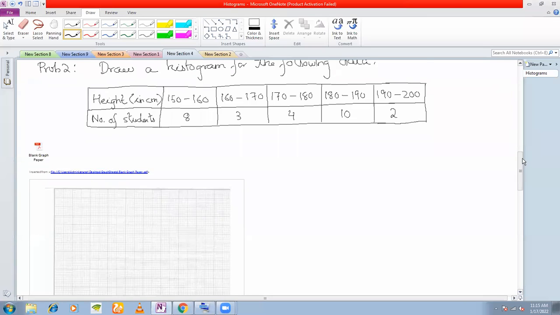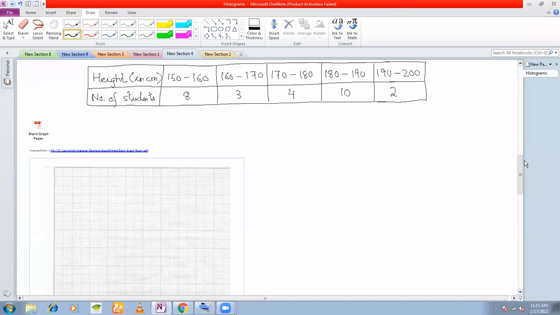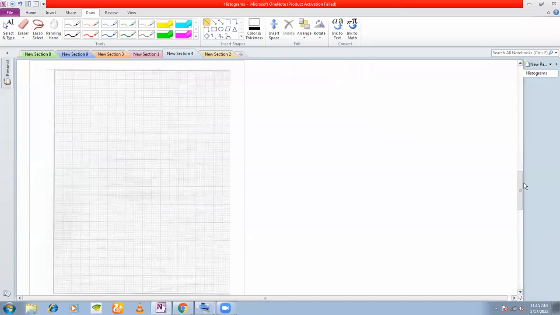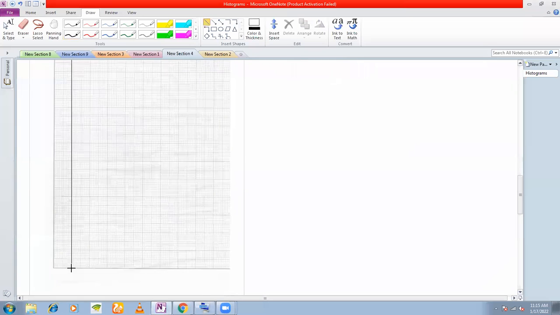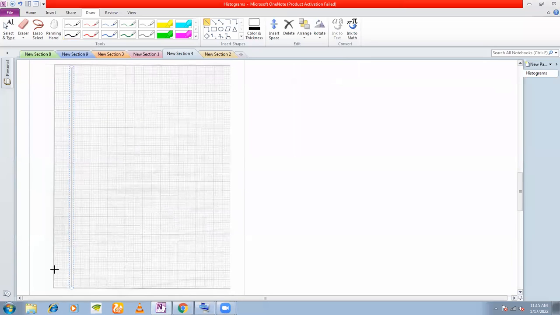So what we do is we first construct our x and y-axis. Say this is our y-axis. Let's say this is our x-axis. So origin, x, and you have y.